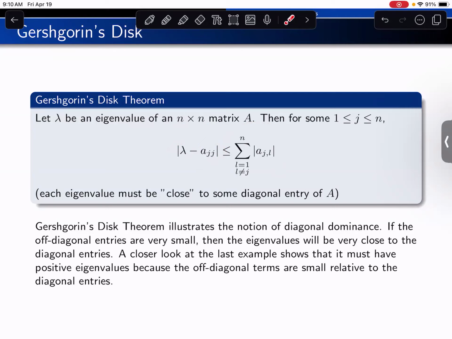This looks like a complicated mathematical statement, but what it's really saying is that the eigenvalue lambda is going to be pretty close to the diagonal entry of your matrix, much more than it is to the entries that are off of the diagonal for a row.